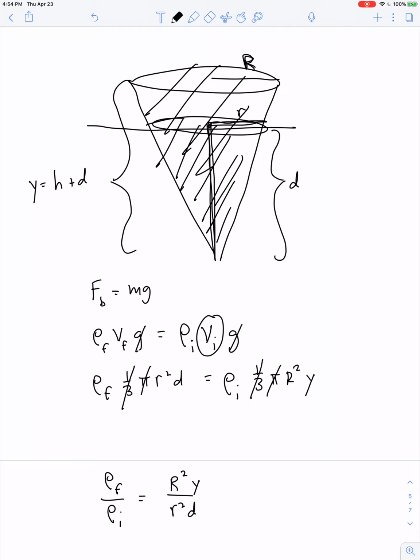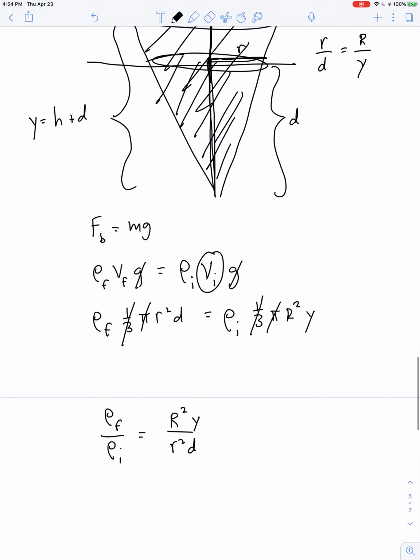So the ratio of r divided by d is the same thing as the ratio of capital R divided by y. So if we cross multiply, we get y over d is equal to capital R over lowercase r.